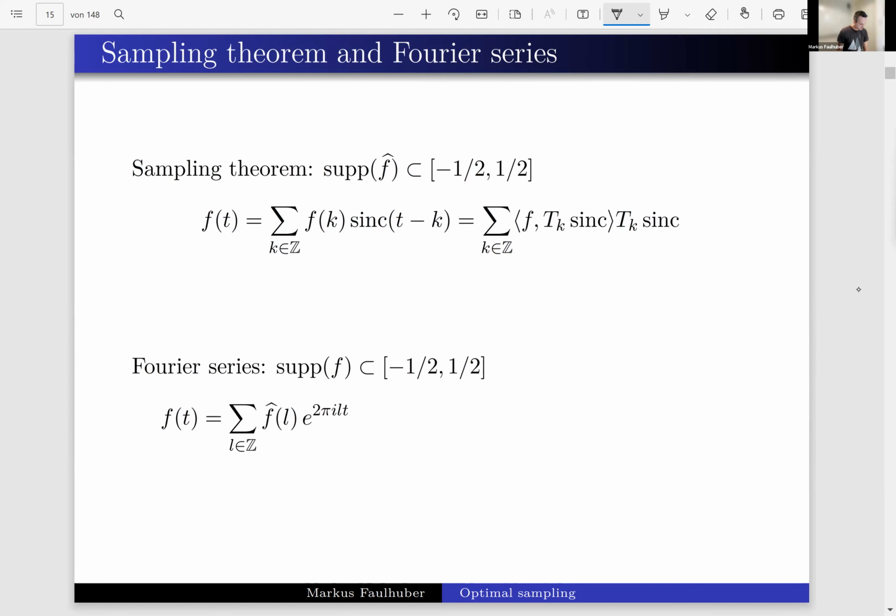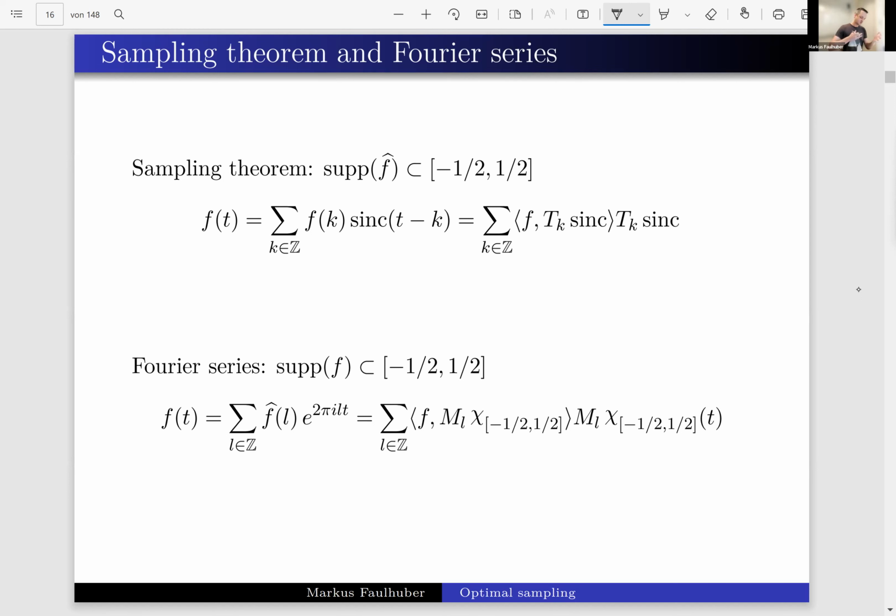And then we can develop f into a Fourier series. But this is nothing else than taking the inner products with respect to modulated indicator functions of this interval and using these as building blocks, kind of.